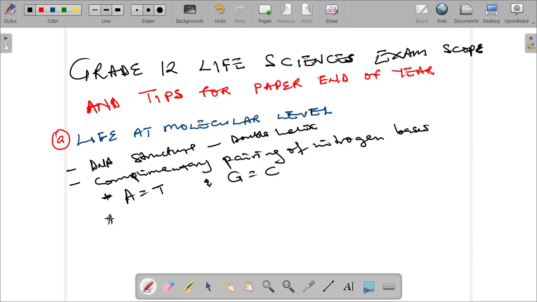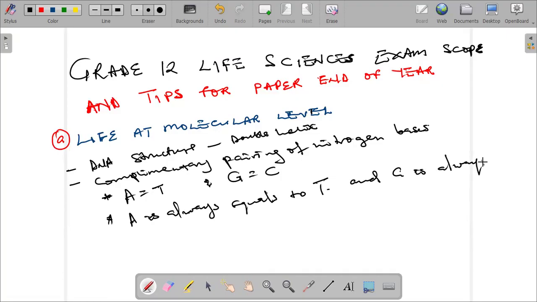What I want you to take note of is that the number of A is always equal to T. And the same applies: G is always equal to C. So you know that C and G pair up together.